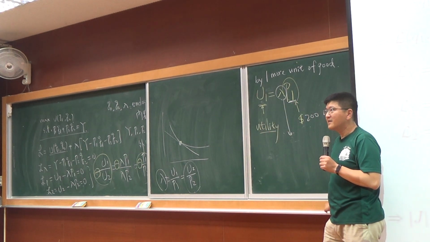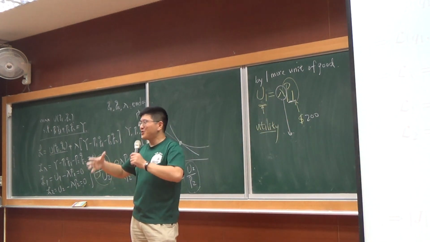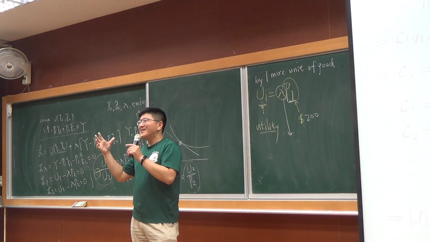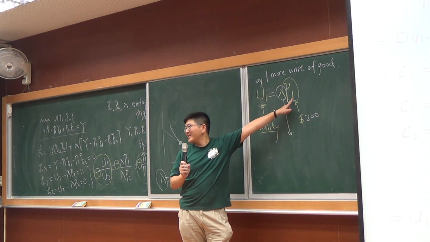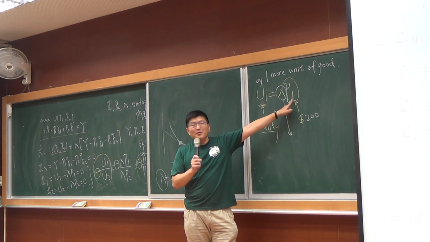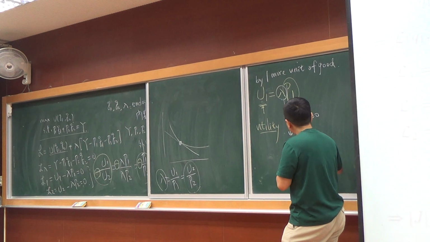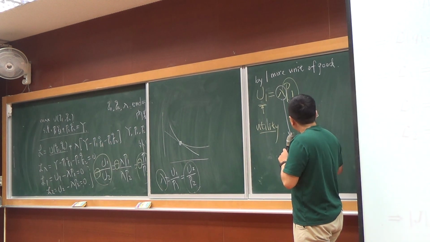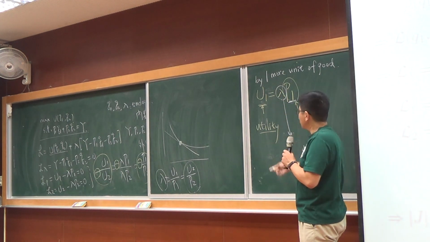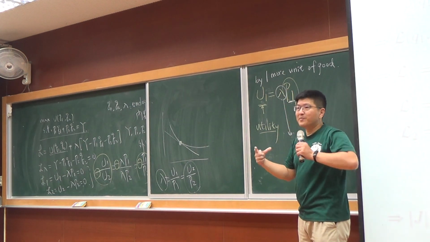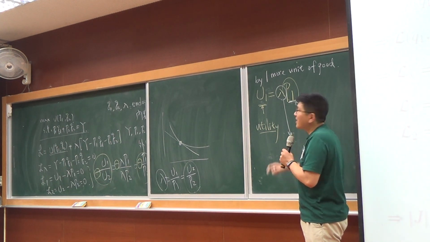Get it? Once again, if you want to have 1 more slice of pizza, you have to pay P1, right? For example, if 1 more slice of pizza is $50, and for each dollar the marginal utility is lambda, then 1 more slice of pizza gives you 50 times lambda.